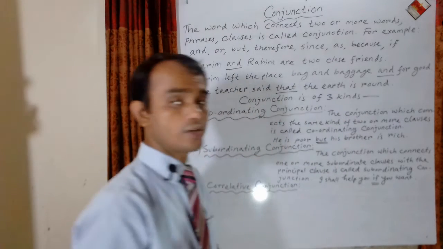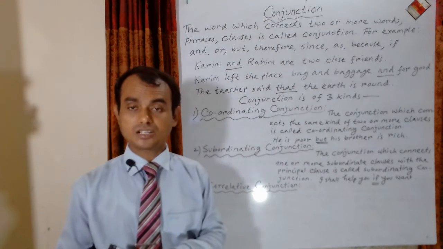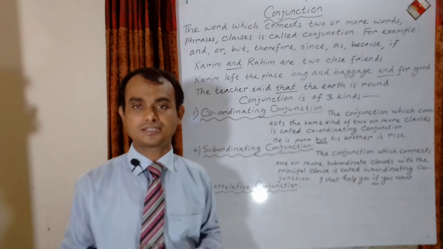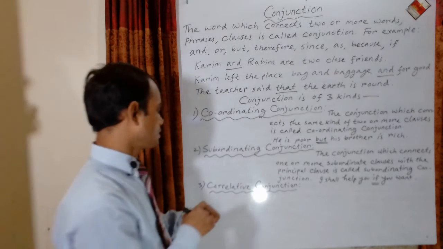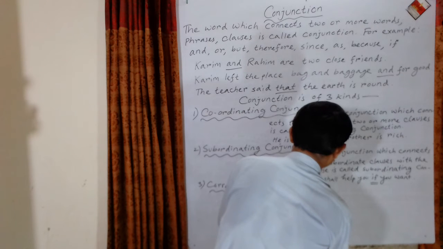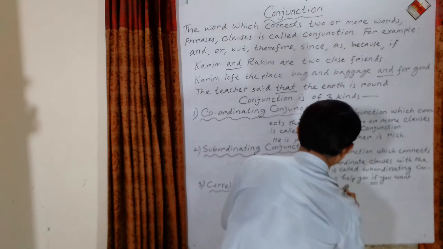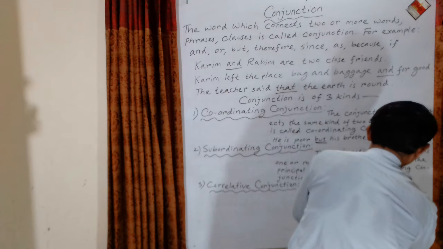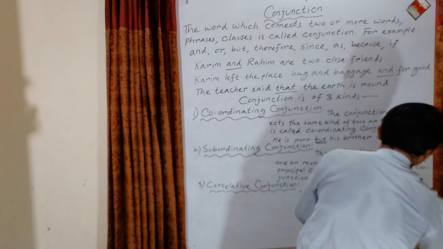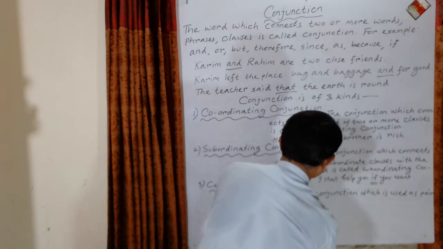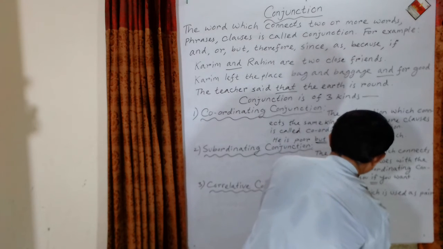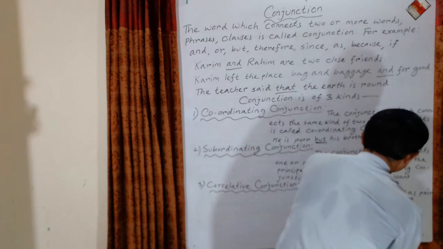The conjunction which is used as a pair is called correlative conjunction.